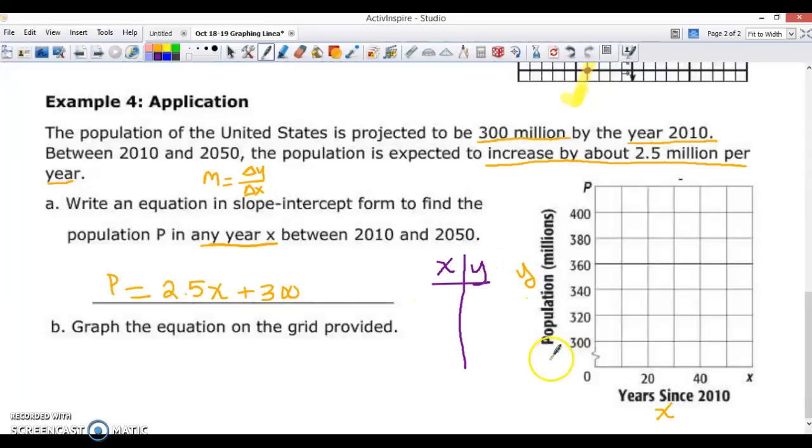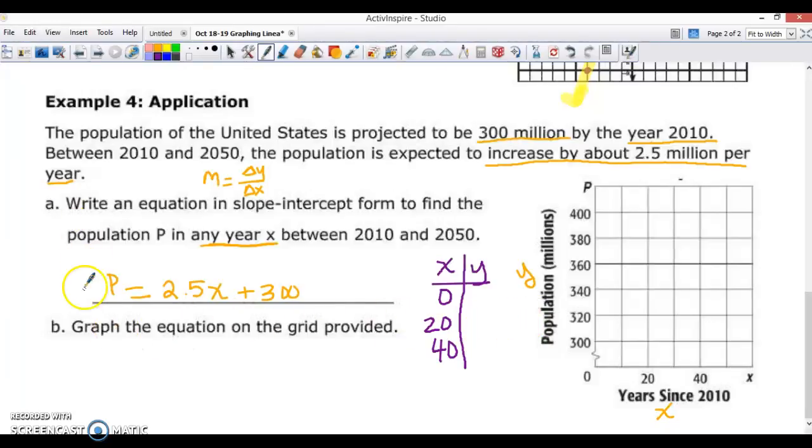Then I want to use the values that are on my x-axis. I don't have to make up anything. I look at how they got a number here. They got 0, 20, and 40. These are the numbers that you're going to plug into your formula.